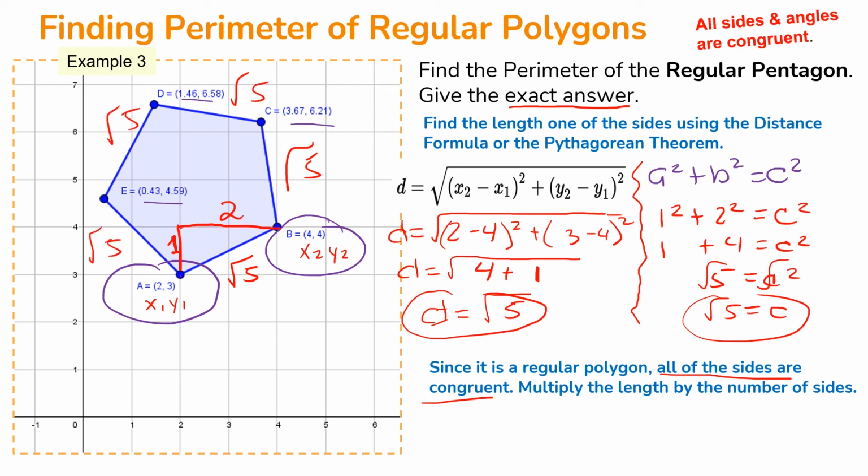And the perimeter equals 5 times the square root of 5. Because if I add the square root of 5 five times, it would be an understood 1 in front right here, and I would just add. All right. And so my answer for the perimeter of this problem is 5 square root of 5.